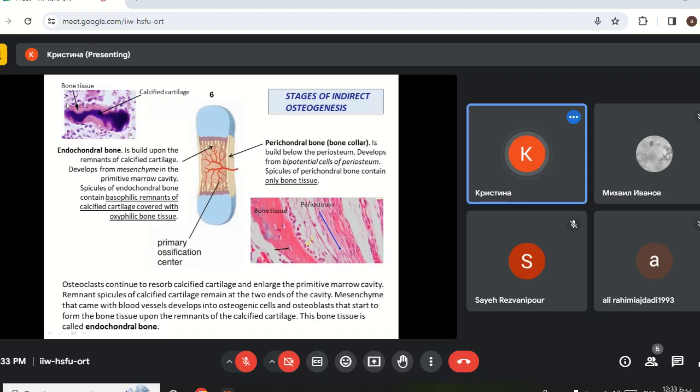So, unlike endochondral bone, endo means inside, peri means surrounding. If we look at our histological preparations, the perichondral bone, unlike endochondral bone, consists only of pinkish stained bone tissue, but endochondral bone consists of both calcified cartilage tissue in the center and bone tissue which covers these remnants of calcified cartilage.